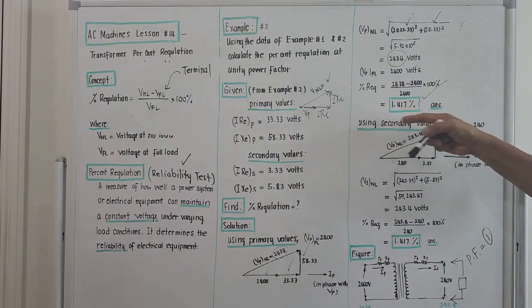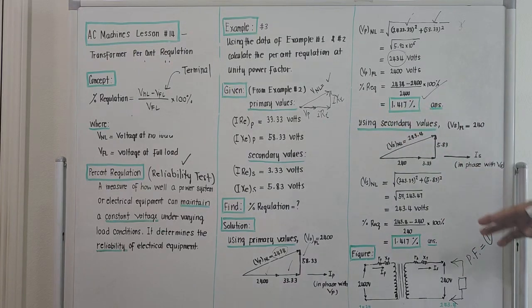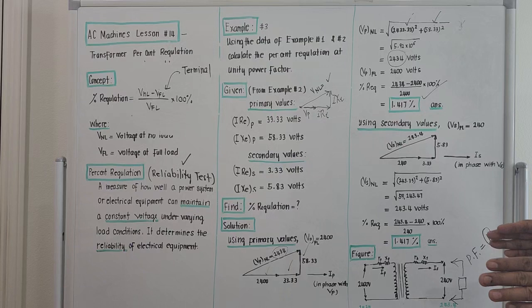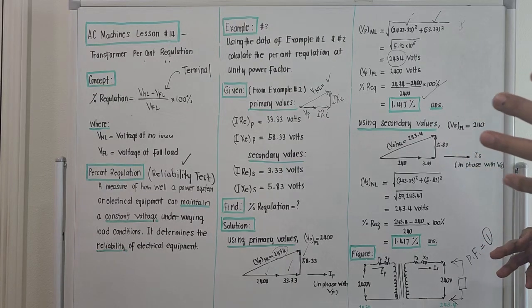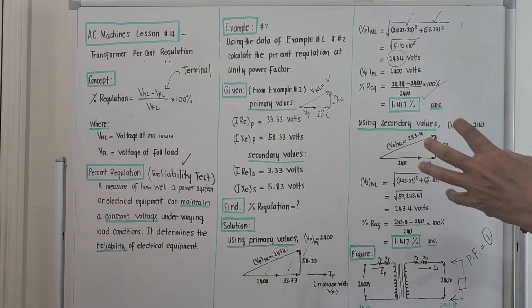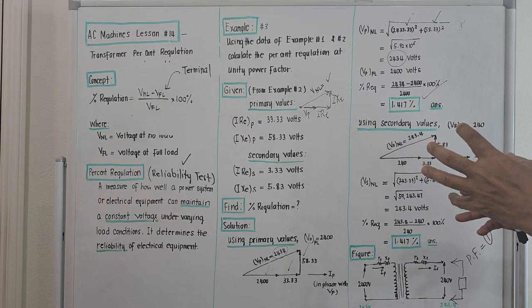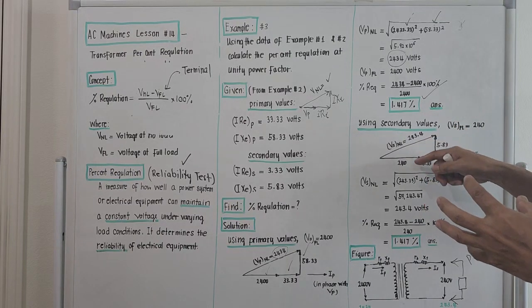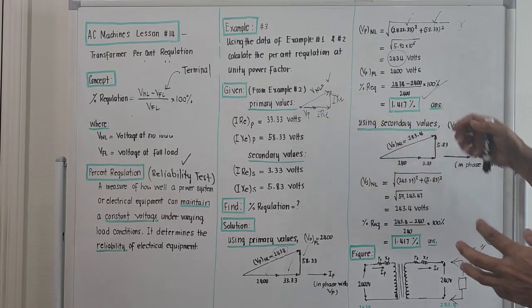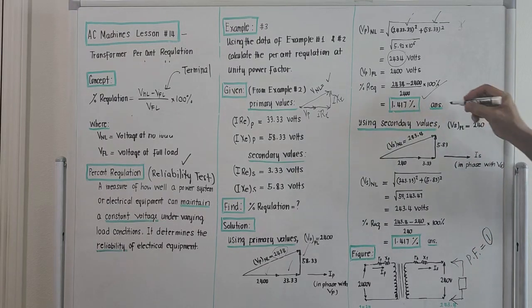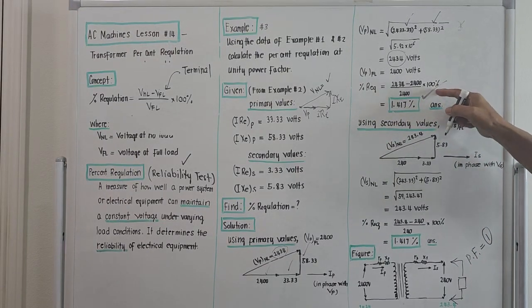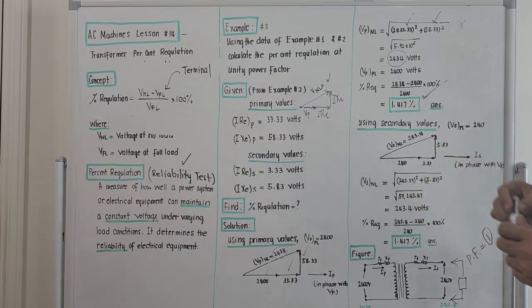Why is it very good? It's not an efficiency; it means how reliable it is. You apply a certain voltage and it will just adjust a little bit below, by this 1.417%. So it's reliable. This is not efficiency, it's the so-called reliability of the voltage.